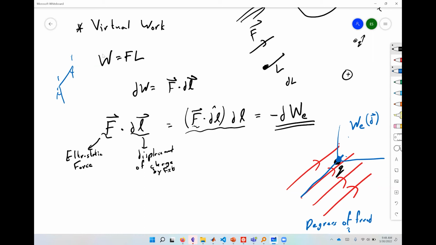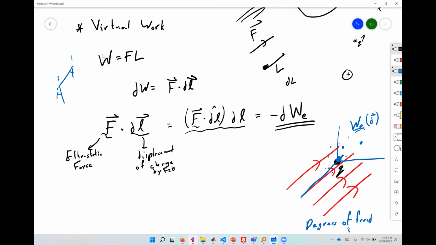If the Q moves to this point, this is what WE is going to be. If the charge moves to this point, this is what WE for the whole system is going to be. So we can describe in 3-dimensional space how the energy of the whole system changes with respect to the displacement.